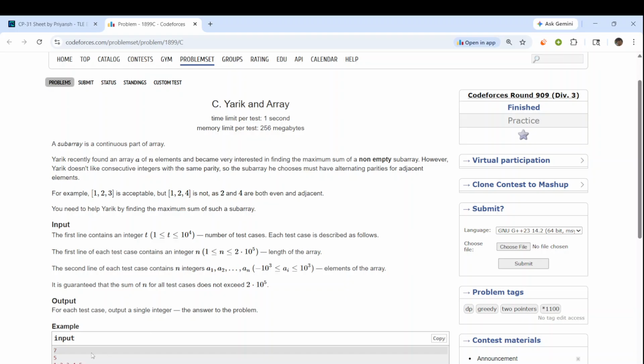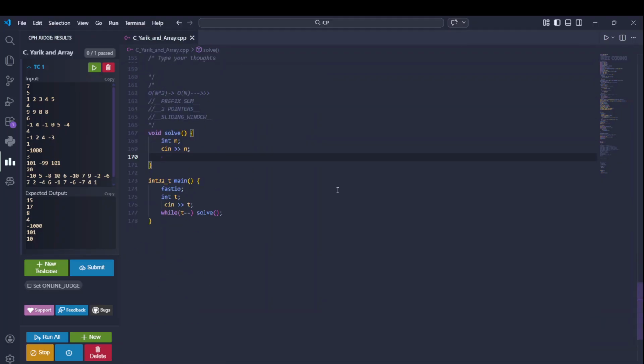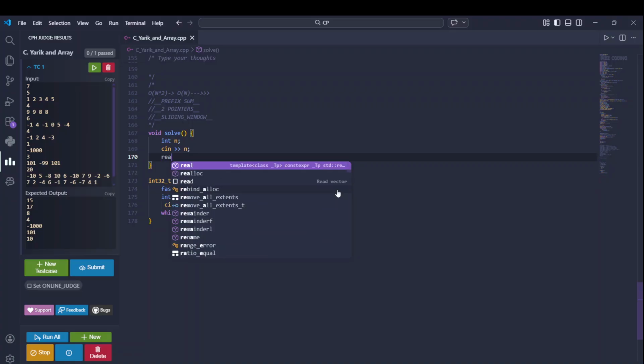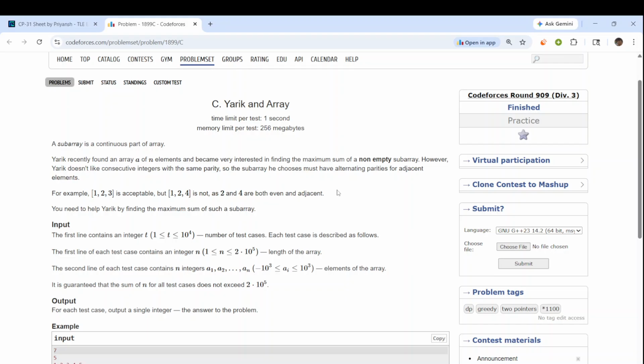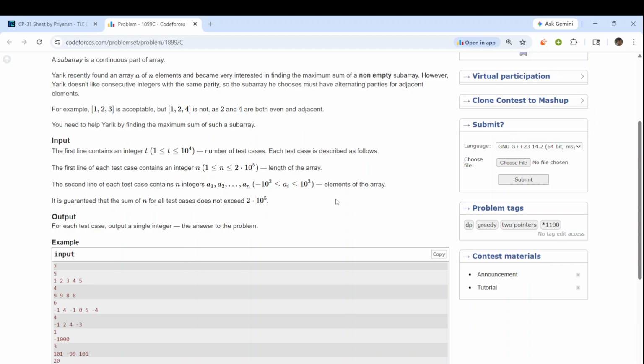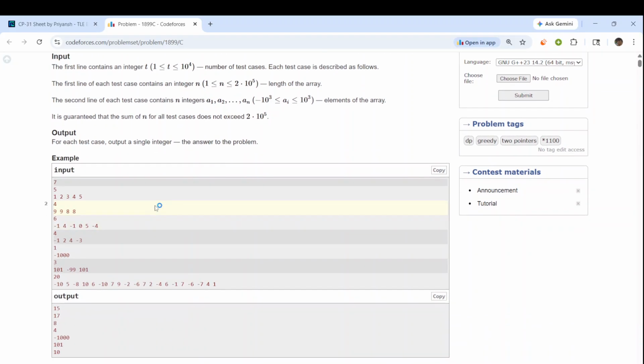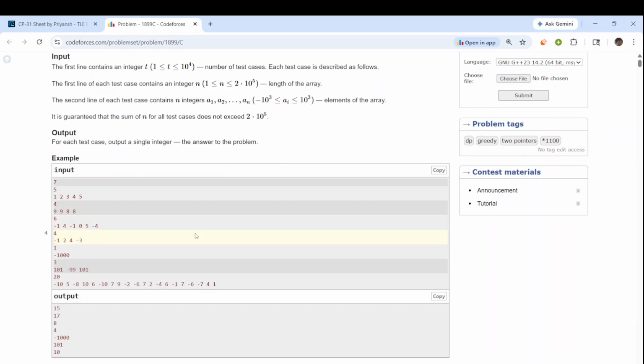So what do I have to print? T, okay. What I have to print is the maximum sum of this array, and n is 10 to the 5, so n log n is the maximum, right? N square root n or n log n.